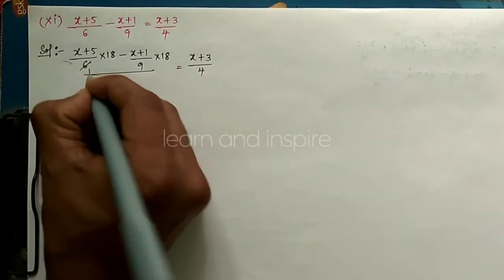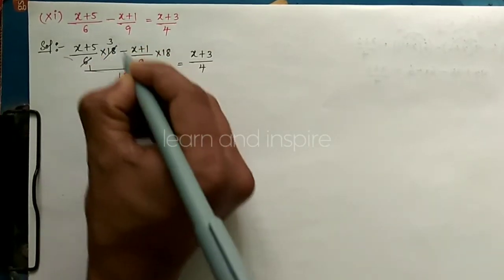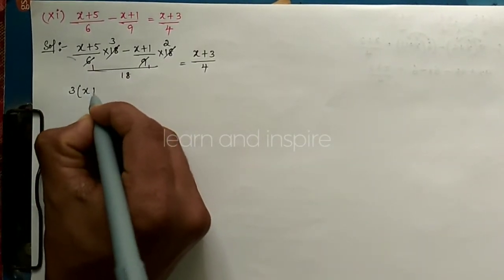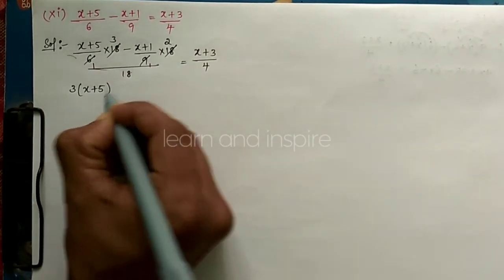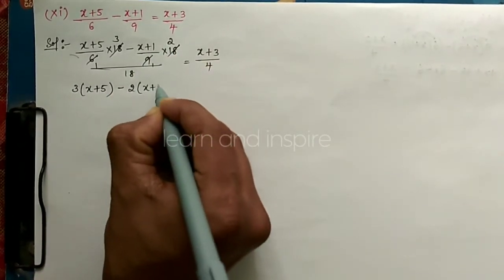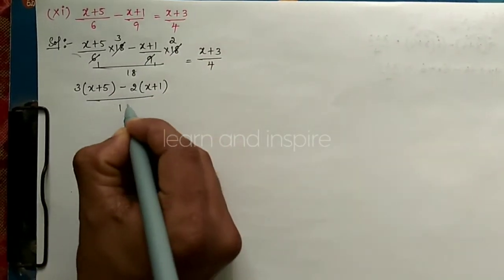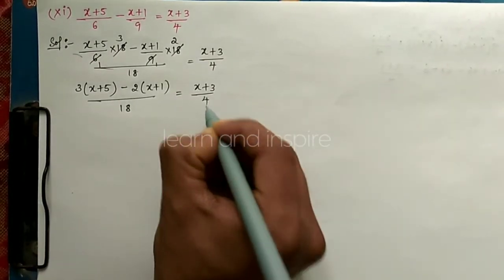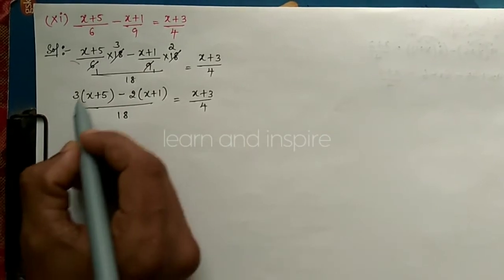Now we can cancel 6 1s are 6, 3s are 9, 1s are 9, 2s are. Now 3 into x plus 5 minus 2 into x plus 1 divided by 18 equals to x plus 3 by 4. Okay, next step.